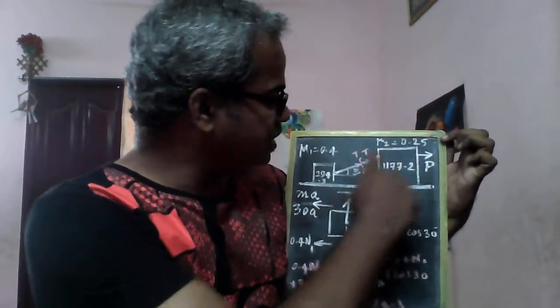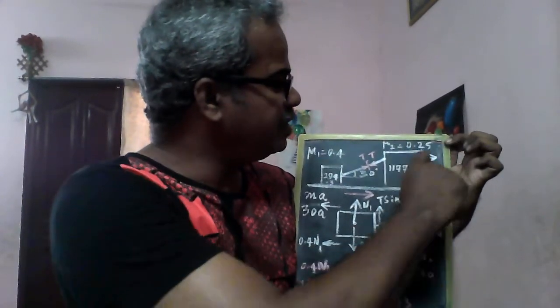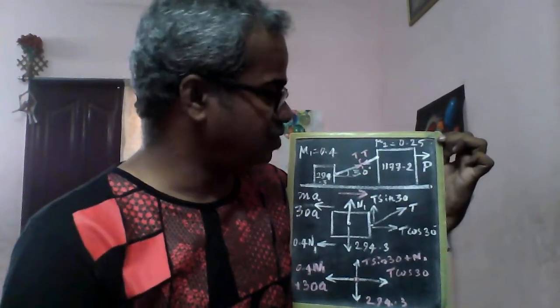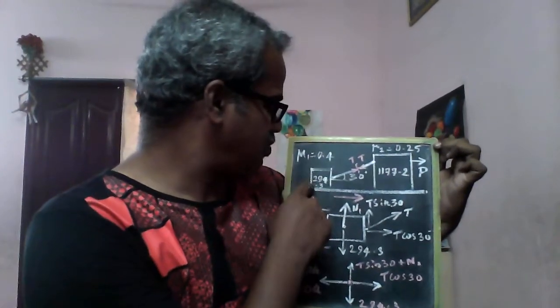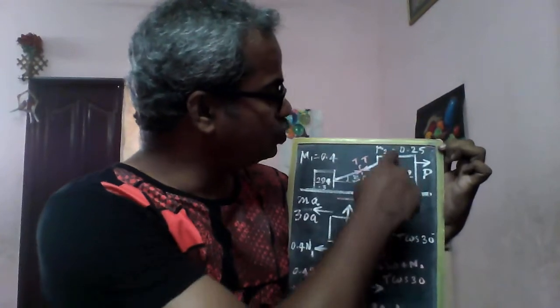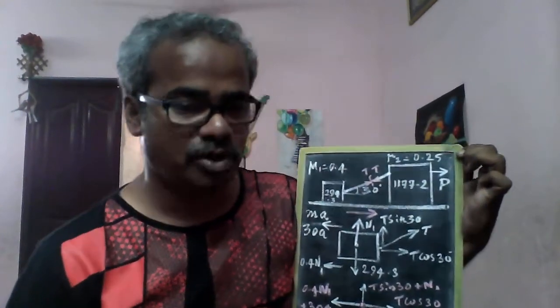The two bodies are connected with this string, and the second body, the bigger body, is pulled to the right side with a force P. What is that force P? The coefficient of friction for body 1, mu1, is 0.4, and for body 2 it is 0.25. So how to solve this problem?